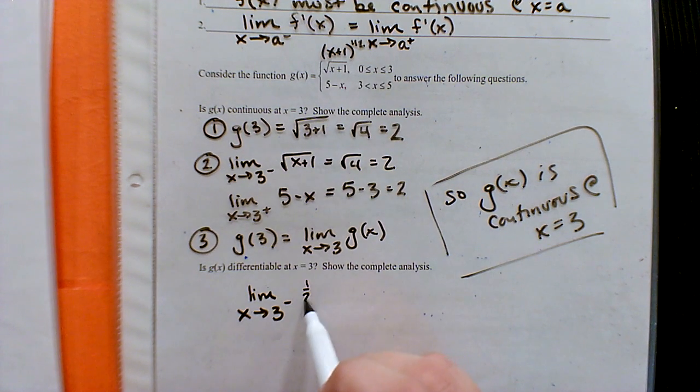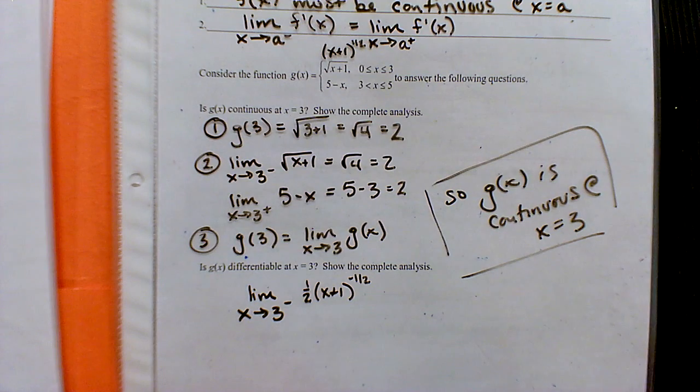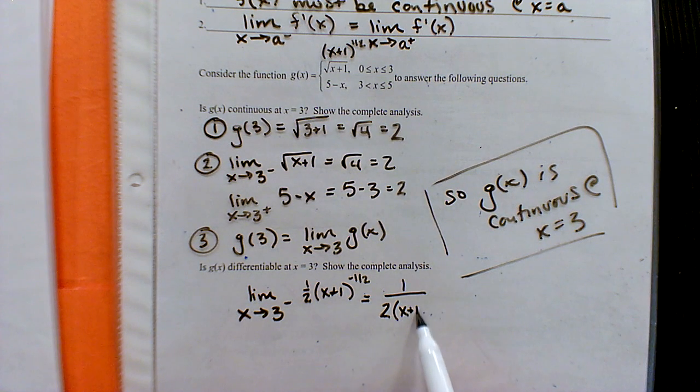Chain. Alright, so bring down the 1/2, keep the inner layer, new power, times derivative of inner layer is 1, so don't even worry about it. We can maybe bring the quantity to the denominator because it has a negative power.